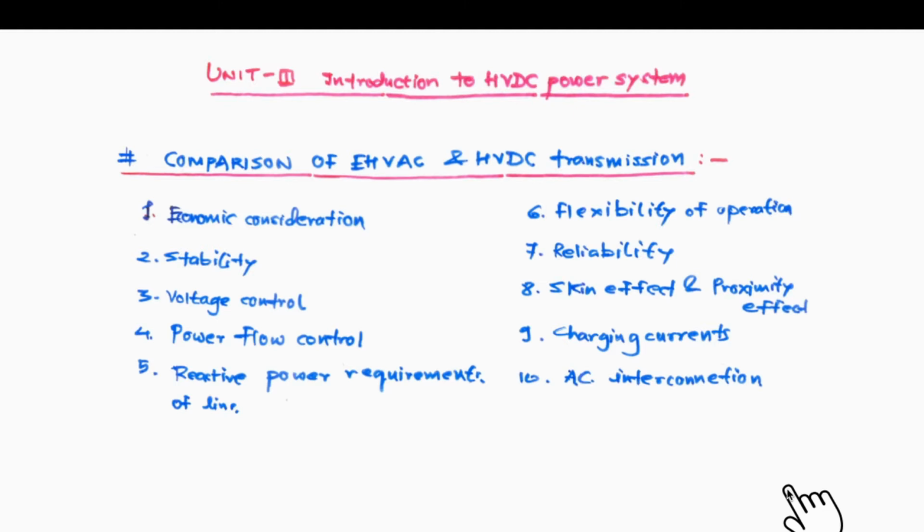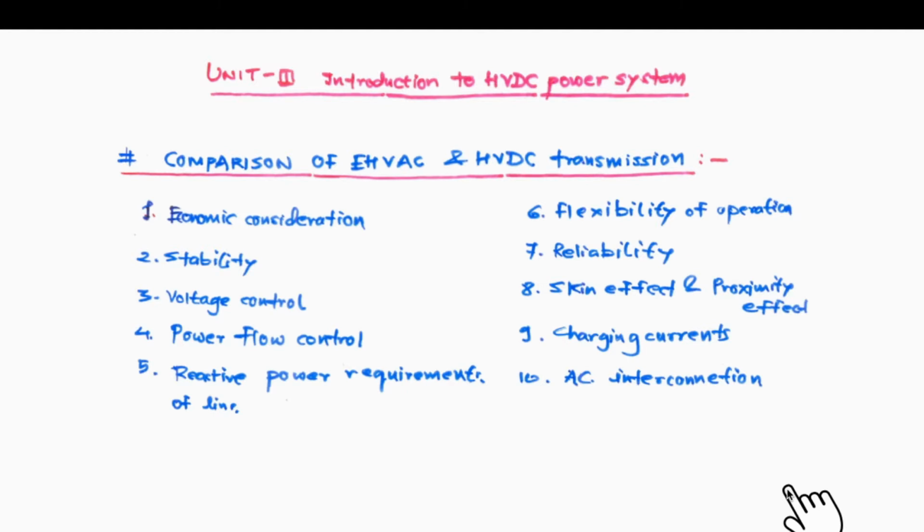Power handling capacity is dependent upon the transmission distance. It is observed that for distances larger than 300 kilometers, EHV AC network requires compensating circuits at regular intervals at every 300 kilometers in order to maintain the voltage profile and in order to have control over the power handling capacity.